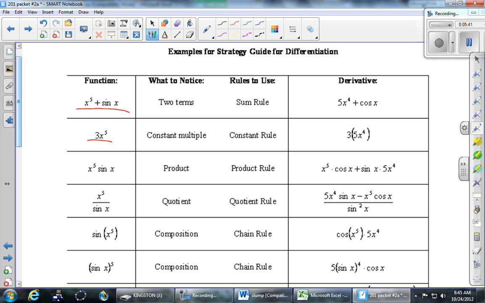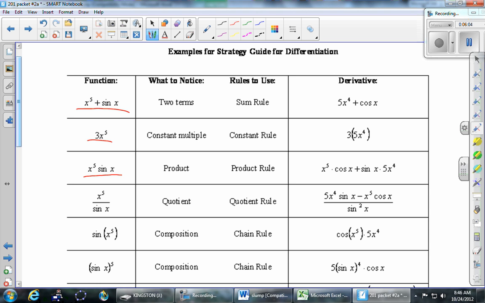You'll get it right, but you're going to spend some extra time doing it. Why do we not need to use the product rule? But what is true about that 3 sitting up there? It's a constant. Use the product rule when it's function with x times function with x. That 3 is a constant multiple. It just sits there in the front.